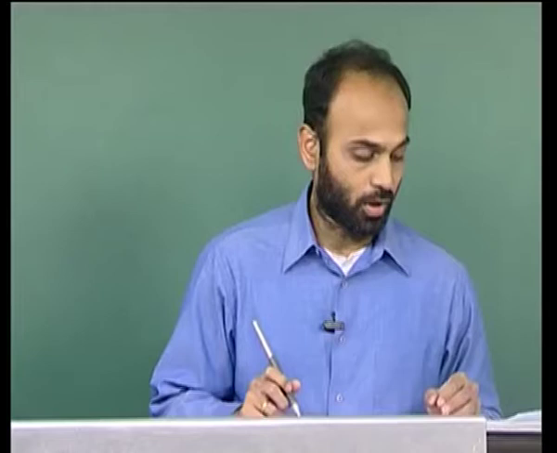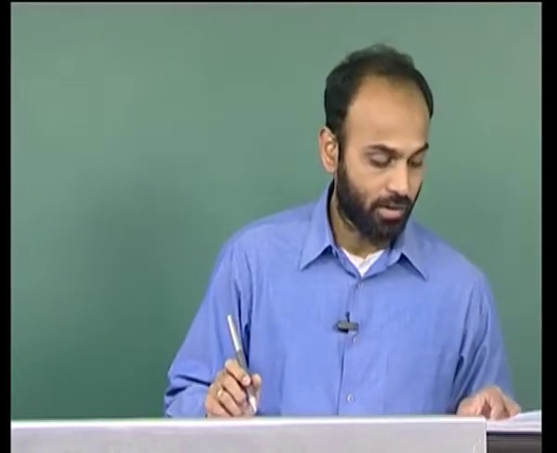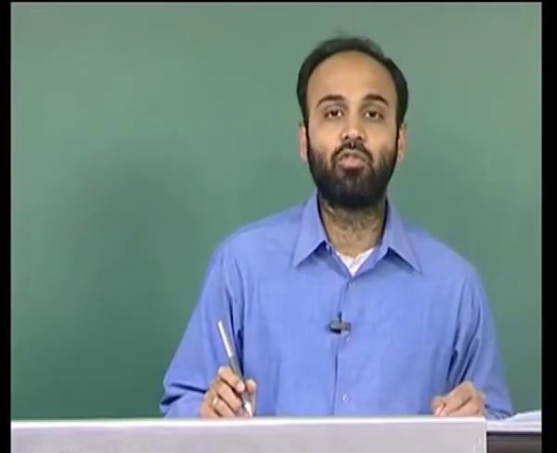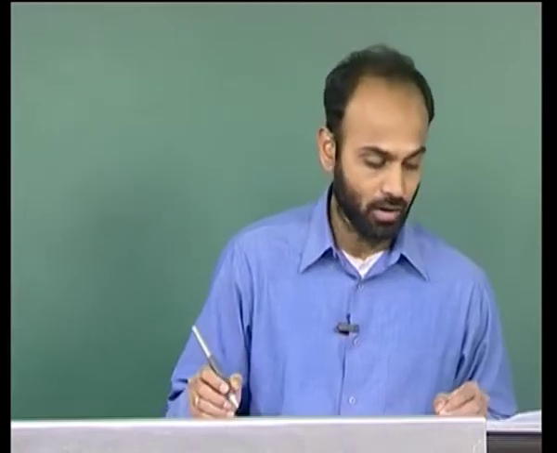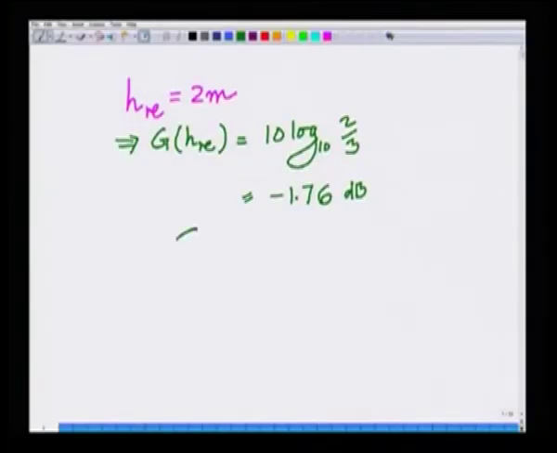All right. So, let us now look at the next factor, which is the A mu factor, that is the correction factor. We said that the cell radius equals eight kilometers.